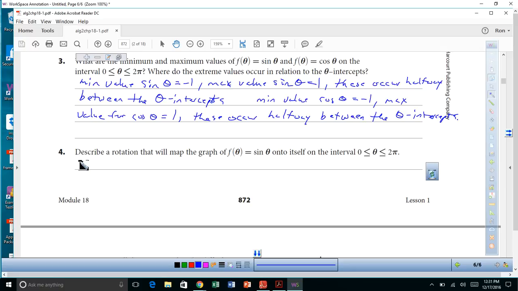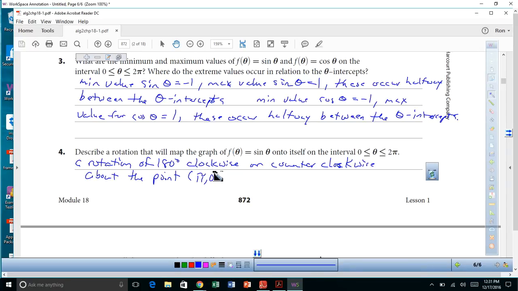So a rotation of 180 degrees clockwise or counterclockwise about the point pi, 0.